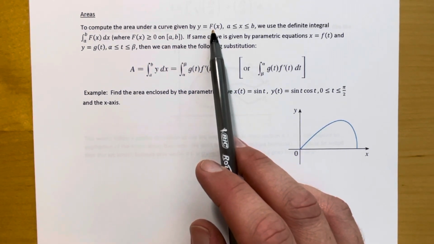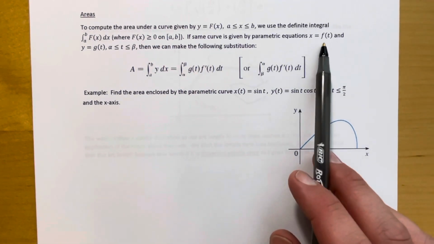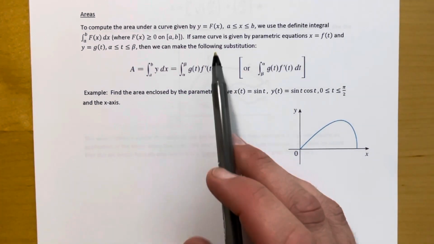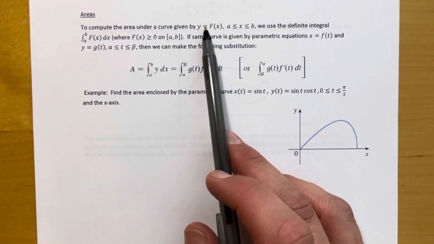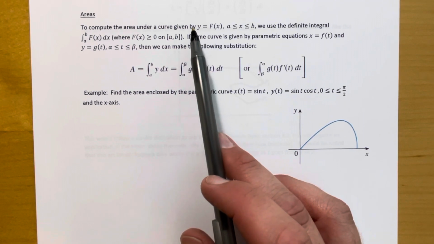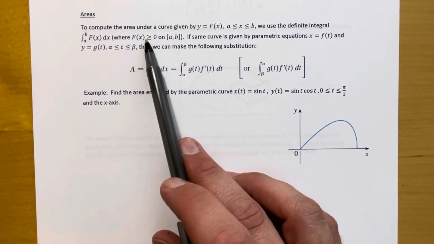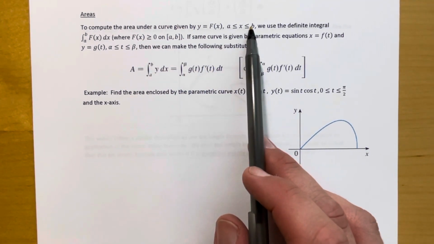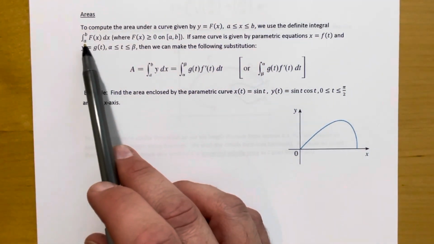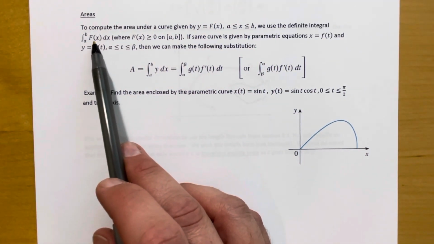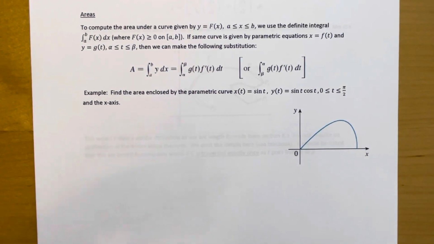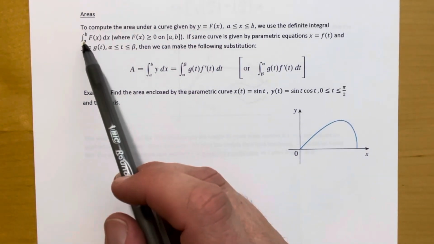Notice I'm using a capital F here because I'm going to use a lowercase f somewhere else. And let's suppose that the function is non-negative, so it's greater than or equal to 0 on the interval [a, b]. Then we know that the integral from a to b of F of x dx tells us the area under that curve from a to b.